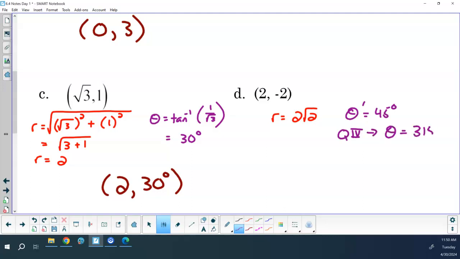D, 2 square roots of 2, comma 315 degrees. Yes? I wrote it in radians. That's fine. 7 pi over 4. Good? Okay.